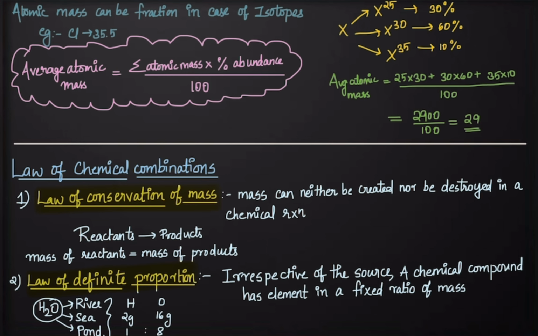For example, in the case of an element X, X25 has 30 percent abundance, X30 has 60 percent and X35 has 10 percent abundance.